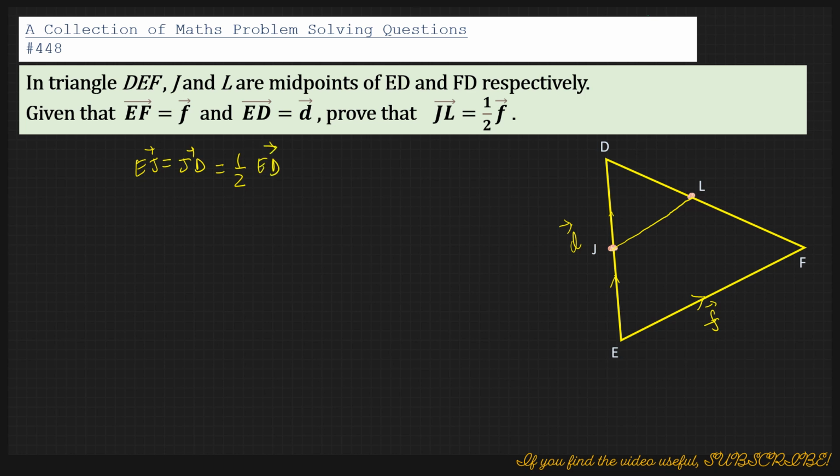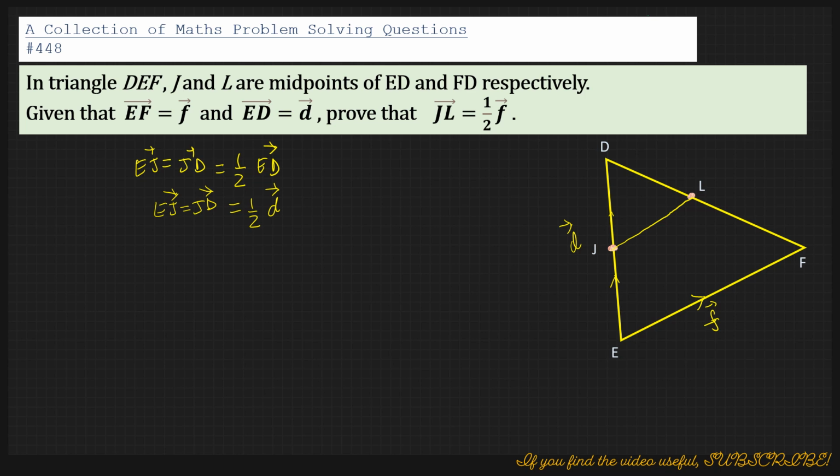So EJ equals JD equals half of ED, and that equals half of d. So we can say EJ equals JD equals half of d.